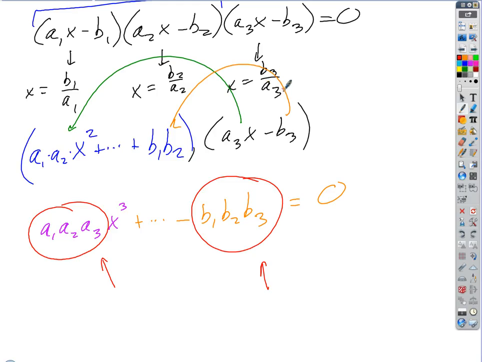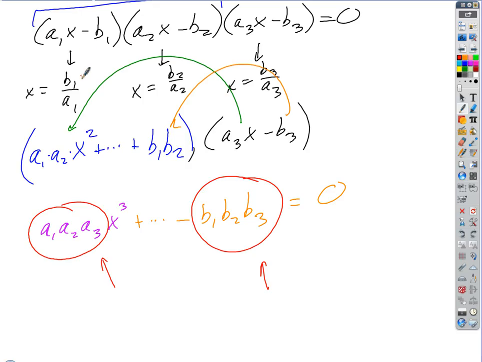Point being that anytime we've got a polynomial that's got integer coefficients, if there is a rational zero, which would mean that the factor would have to look something like that, right? Then there's no way around it.